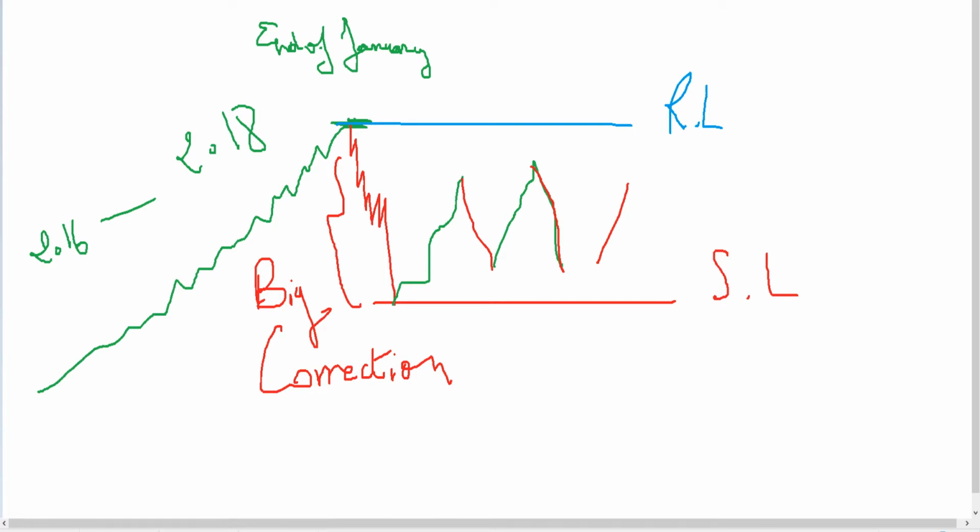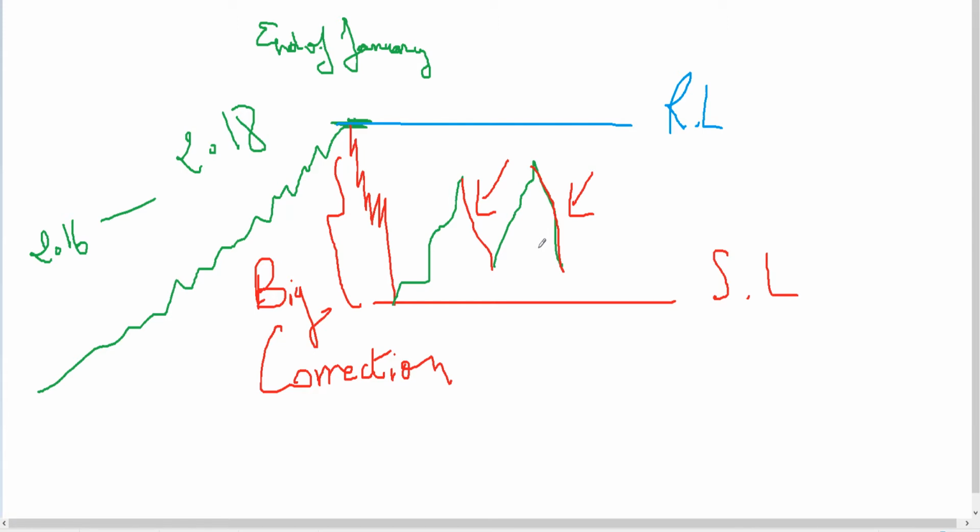Now these here, what you can see, this here and this here are corrections, but they are small compared to this one. Okay, this one is big, these are small.